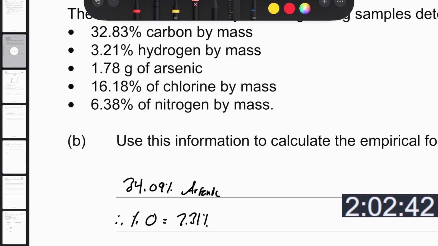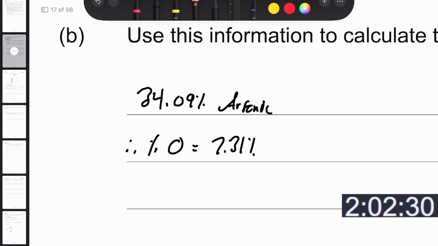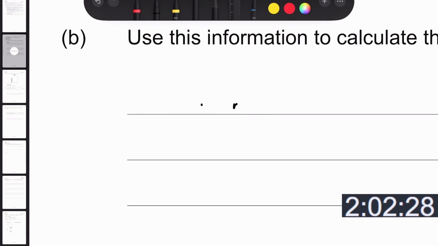I don't think this is going to work. 32.83 divided by 3.21, so 10. 34.09 is 10.6. Yeah, it's not going to work, so let's just do it this way.